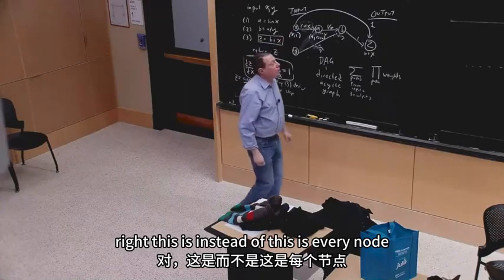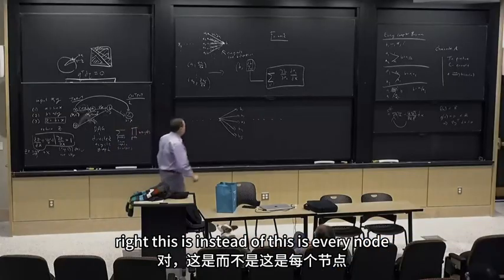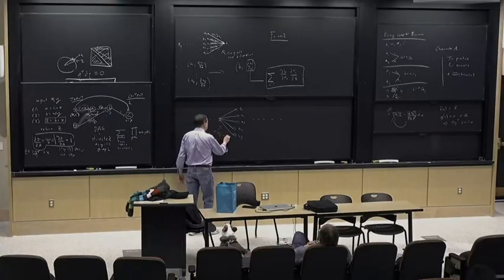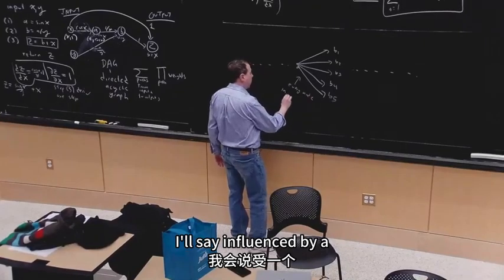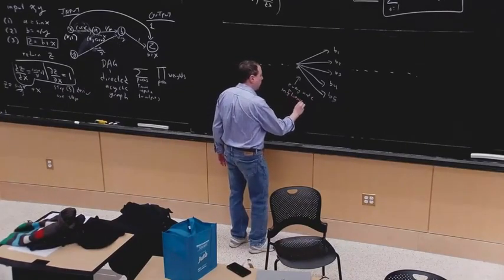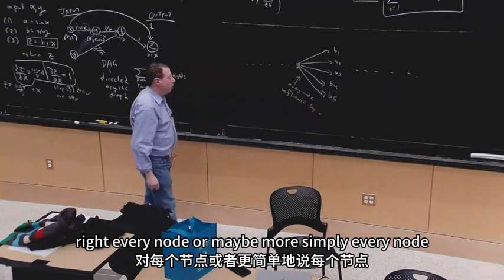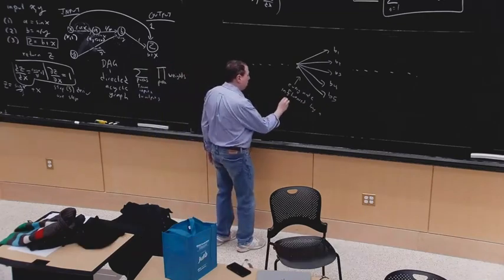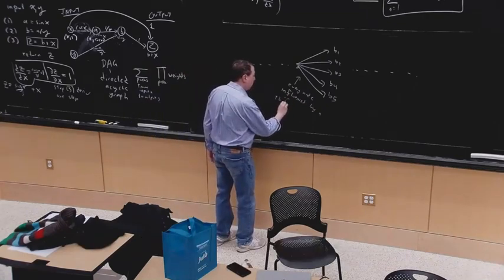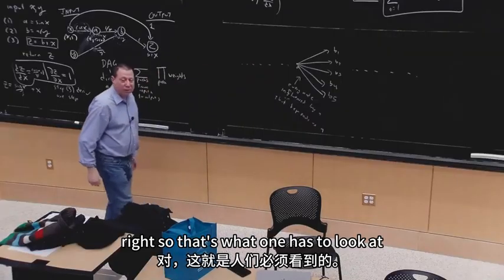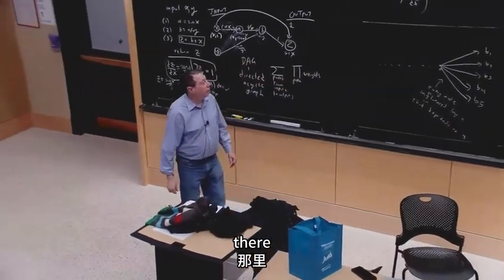This is every node influenced by A, or maybe more simply, every node that depends on A. So that's what one has to look at there.